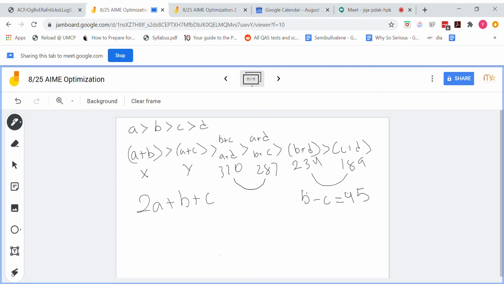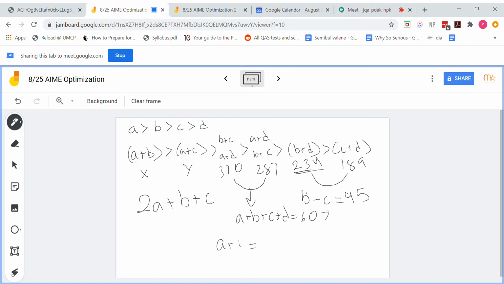From here, one thing we can note is that a plus b plus c plus d equals 320 plus 287, right? And so that equals 607. So now that we know a plus b plus c plus d, can we figure out a plus c? A plus c should equal 607 minus b plus d, which we know is 234.